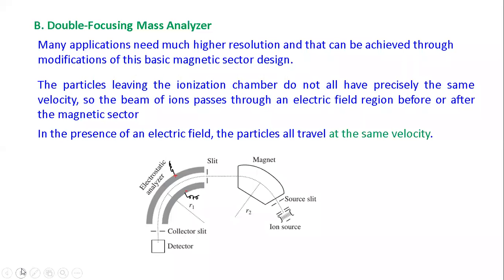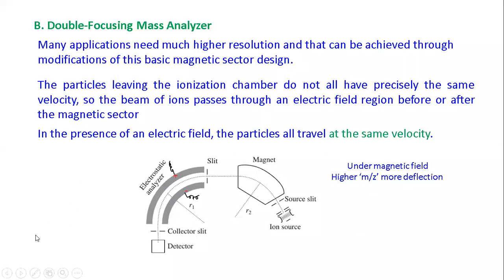Now, in the presence of the electric field, what happens? The particles are bound to move with the same velocity. Okay, so that is the point we are having here. Now we can understand from the last class what we have seen.